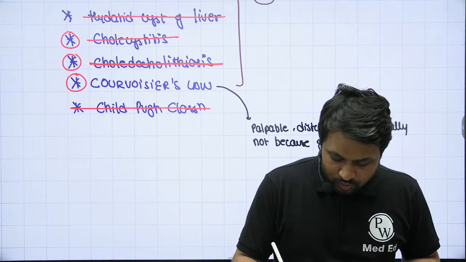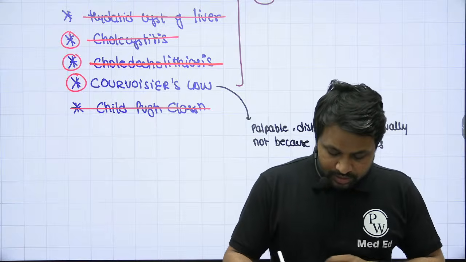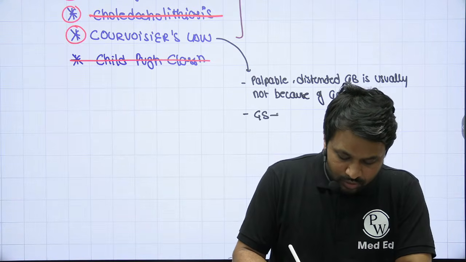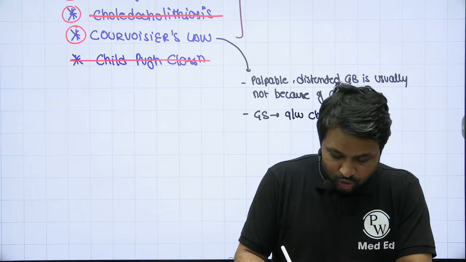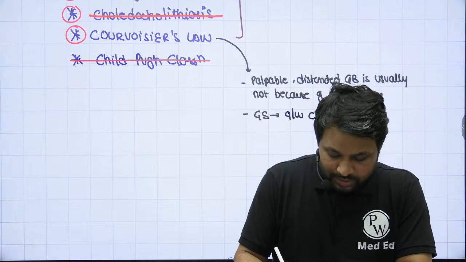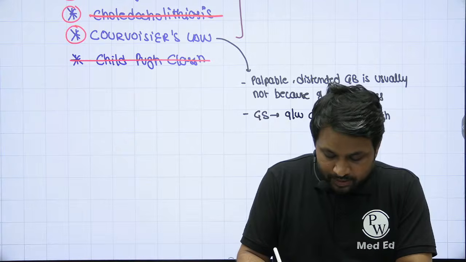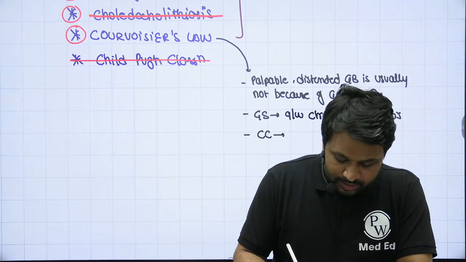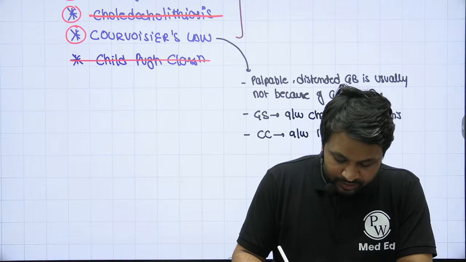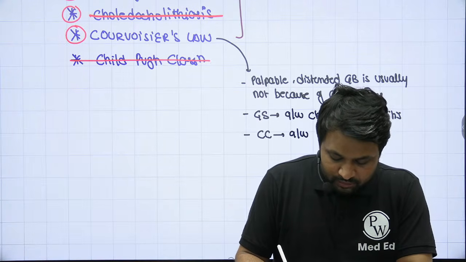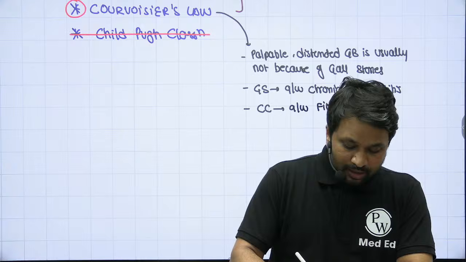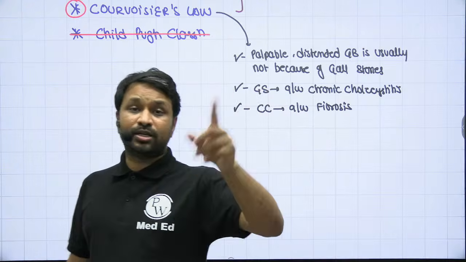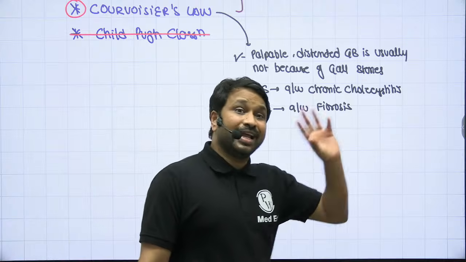The reason is gallstones are associated with chronic cholecystitis, and chronic cholecystitis is associated with fibrosis. Any chronic inflammation is healed by fibrosis, and a fibrotic gallbladder cannot expand. So Courvoisier's law basically tells you if it's a dilated, distended, or palpable gallbladder, it is anything other than stone.